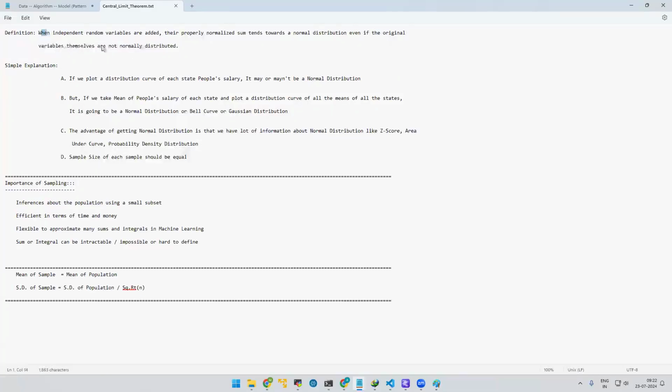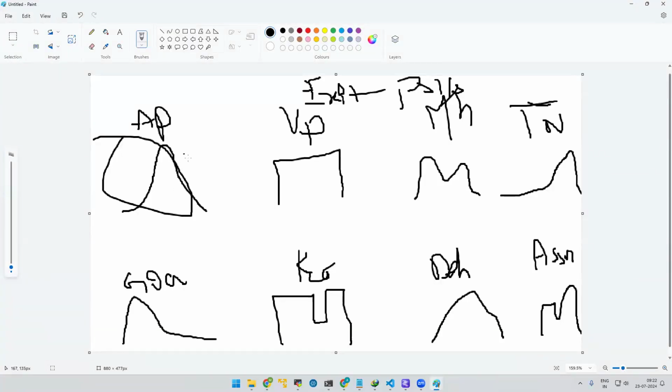The thing is the central limit theorem. After several experiments, they came up with a theorem saying that if we take the average of these values, instead of plotting a distribution of the data, we get the average of all these values.